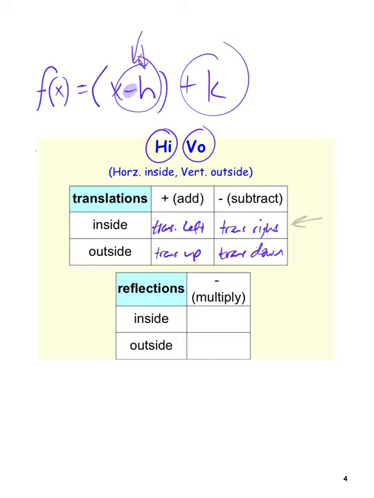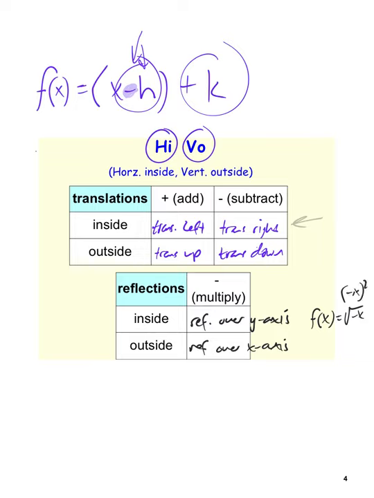Now, when it comes to reflections, if it's on the inside, as we just saw on the last slide and the slide before that, it's a reflection over the y-axis. And when it's on the outside, it's a reflection over the x-axis. These are rules that will hold regardless. When we say inside or outside, on the inside would be like f of x is the square root of negative x, meaning the negative is on the inside, or negative x squared or something like that.